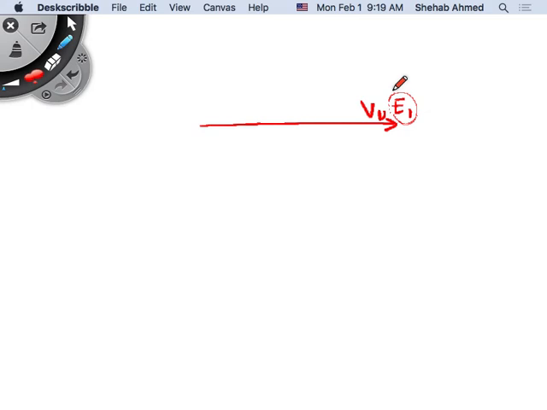When current flows in this winding, if the voltage is sinusoidal and the current is sinusoidal, then it will generate a flux around that wire that is sinusoidal in nature. This flux will be lagging my terminal voltage by 90 degrees, and this flux will also generate a back EMF E1 across the winding.